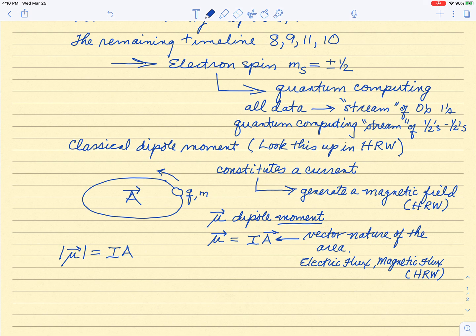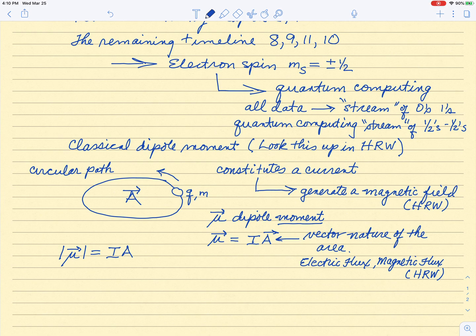And so for this charge moving around in this circular path, and we'll certainly assume a circular path here, even though it's perfectly general, the mathematics gets a little bit cumbersome.